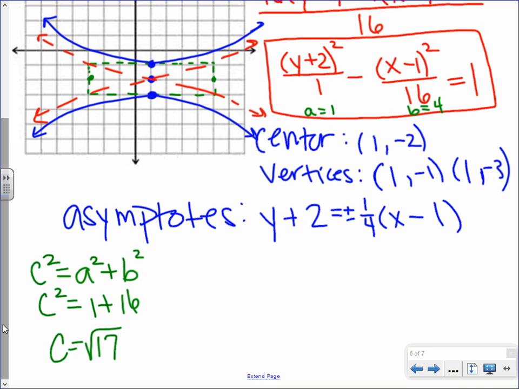So from the center, count the same direction as your hyperbola, so in this case vertically. 1, 2, 3, a little bit more than 4. And then 1, 2, 3, 4, a little bit more.